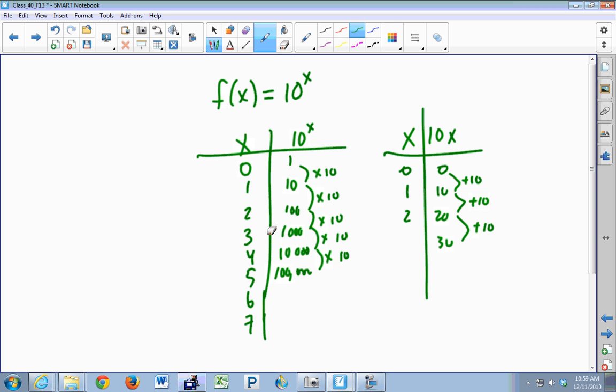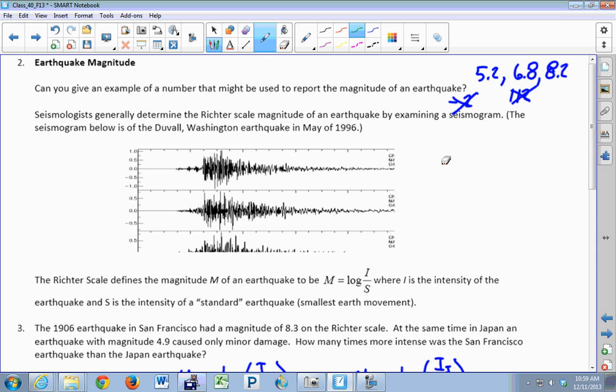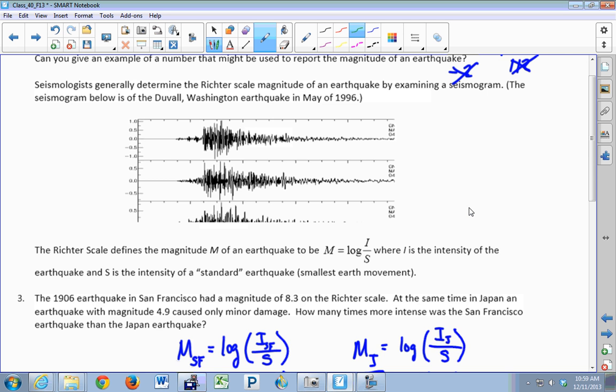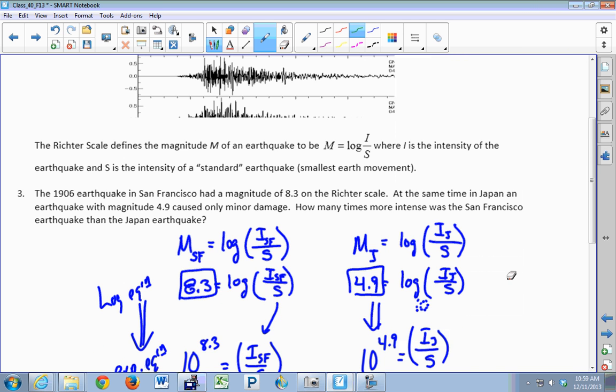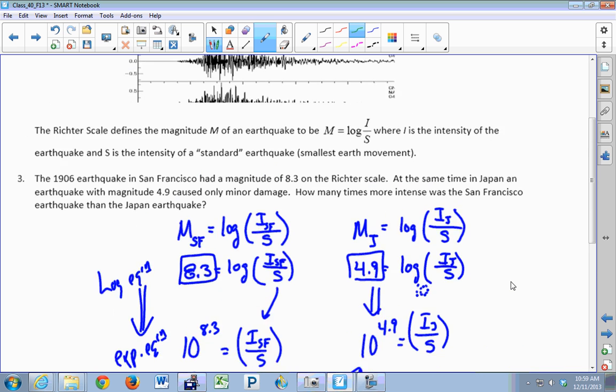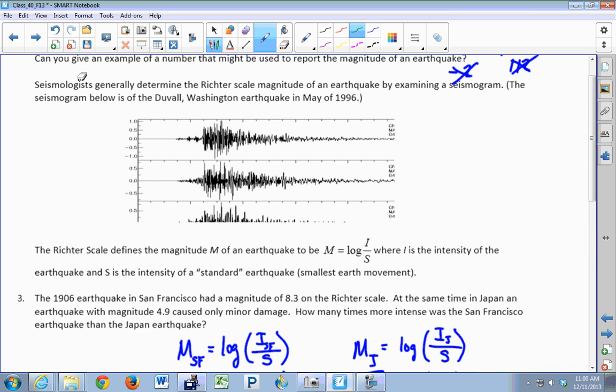Even though they may start off very similar, it doesn't take too long for exponential growth to really outpace any kind of linear growth. Okay, so that's how you use these formulas for earthquakes, and you'll probably have a couple of questions on homework with this.